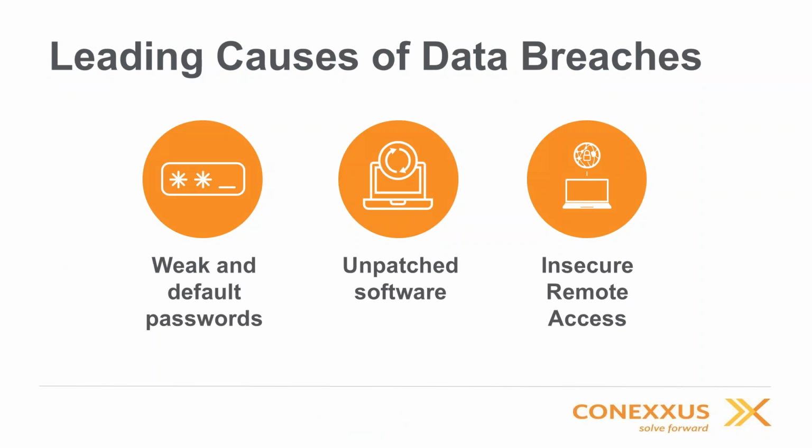All right, so let's take a look for a minute at what is causing those data breaches. Some of you may already know this, but we want to focus on the causes of data breaches for merchants, and there are three main things: weak and default passwords, unpatched software, and insecure remote access. For years now, what we've been finding is that these three things keep coming up over and over again.